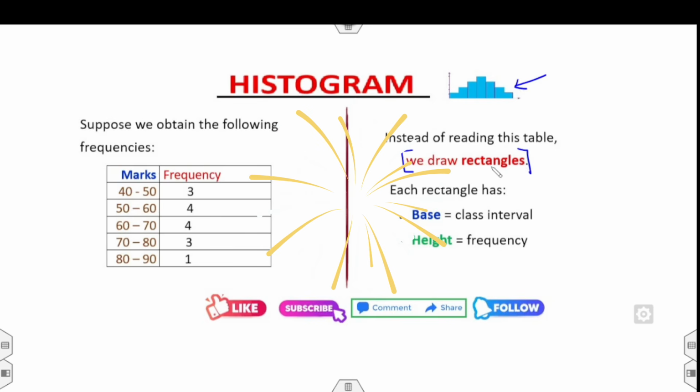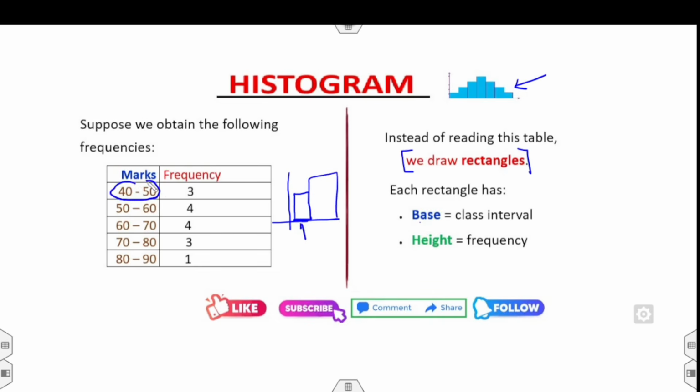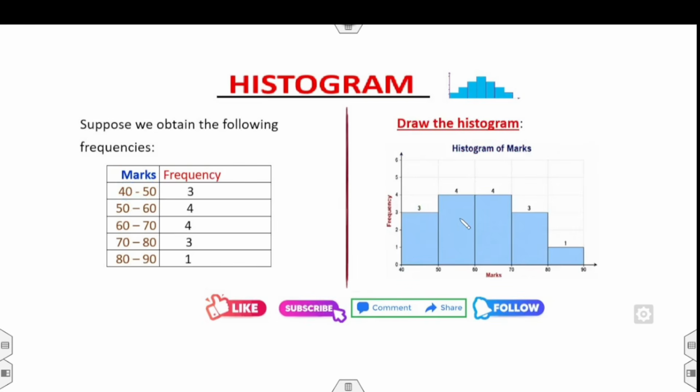How can we draw the rectangles? I draw the rectangles where the base is my class intervals and the heights are my frequencies. Once we take these bases for the rectangles, we can draw the histogram of the marks.